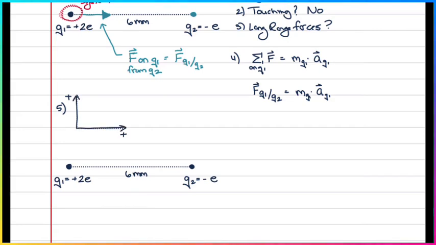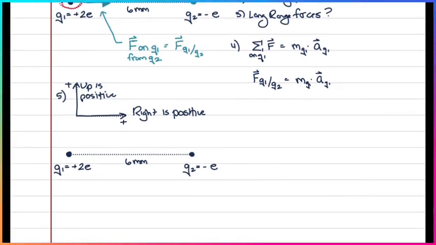But again, you don't necessarily have to do it that way. But once you make a choice, stick with it. So particularly since this is just a 1D problem, right is positive, and also up is positive. Even though these are 1D problems, I think I will write them as 2D problems just to start to jog our memory about vectors.